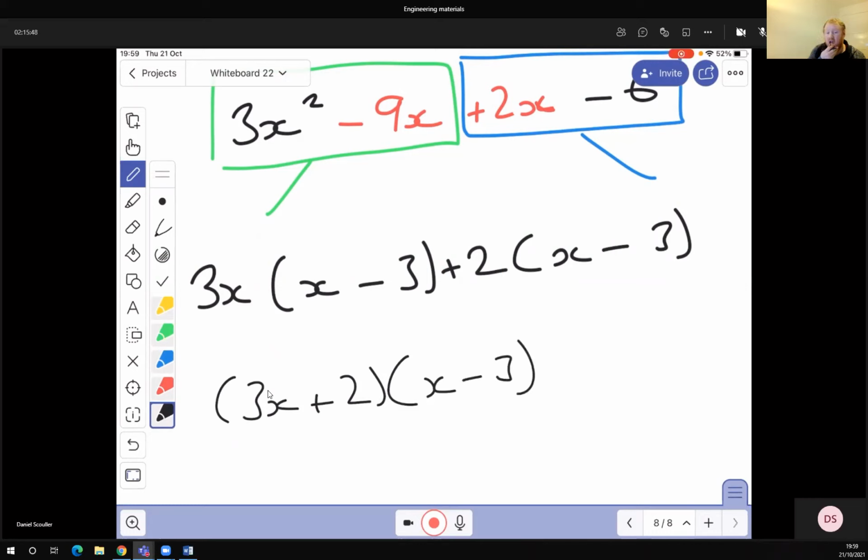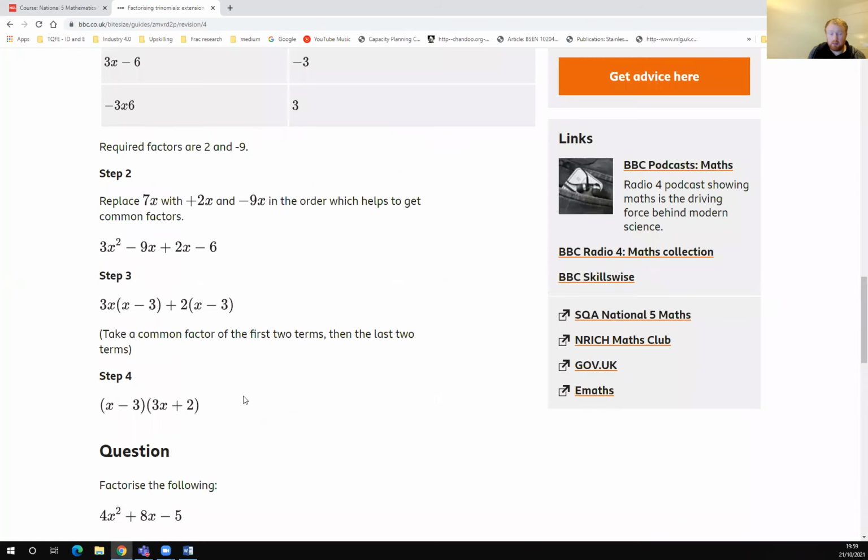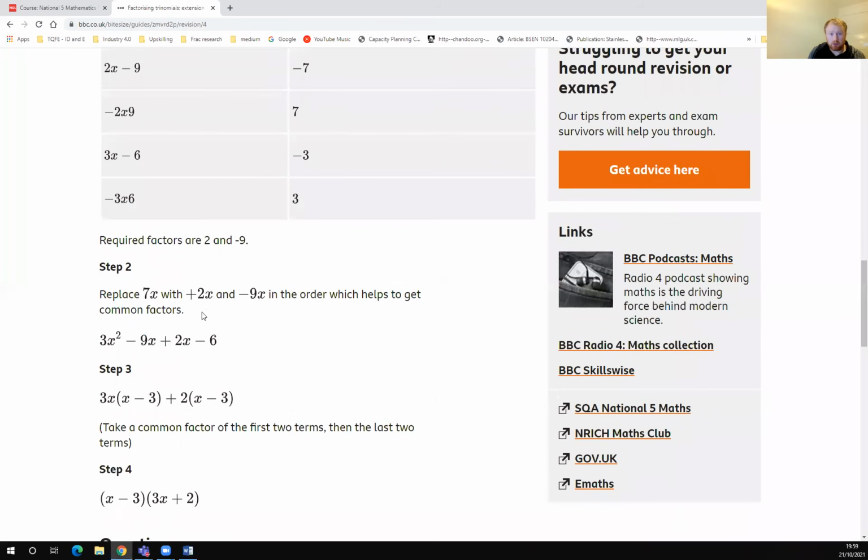I think that's just a wee bit messier in the way we go through it. But because it's on BBC Bitesize, and I know a lot of people use BBC Bitesize, I thought I'd make sure that I covered that.